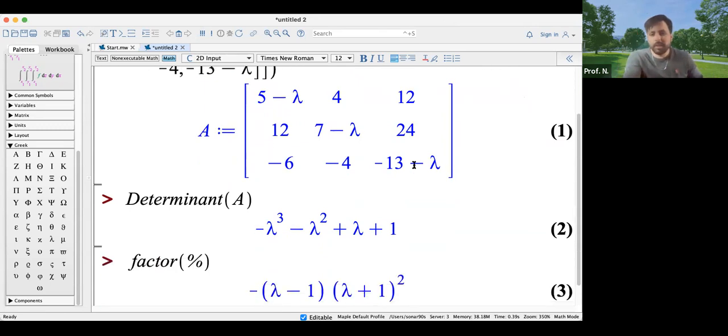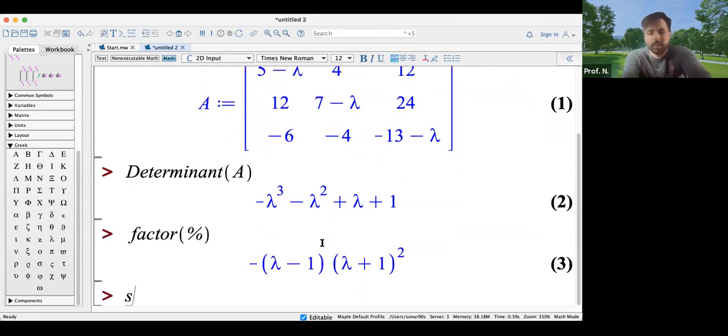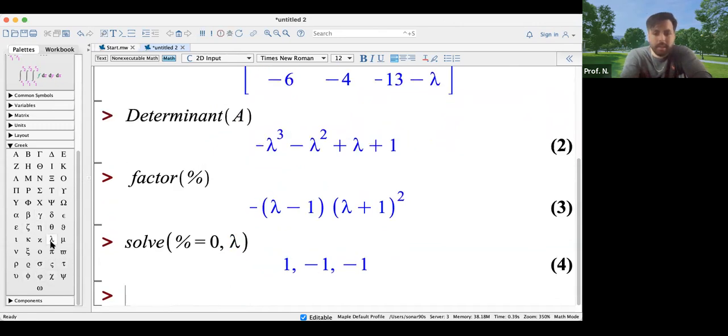But yeah, you can also solve these as well. This symbol here, the percentage symbol, is just the previous answer. I set it equal to 0, and I can specify the variable that I want to solve for, and then I get exactly what lambda should be, which is 1, -1 twice.